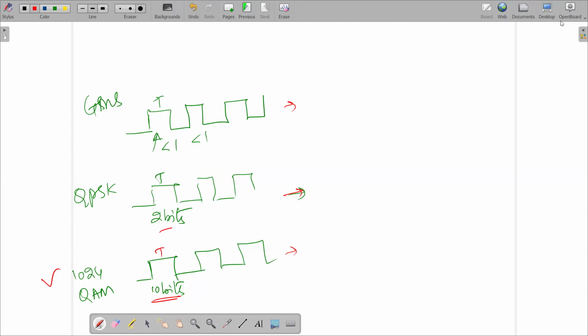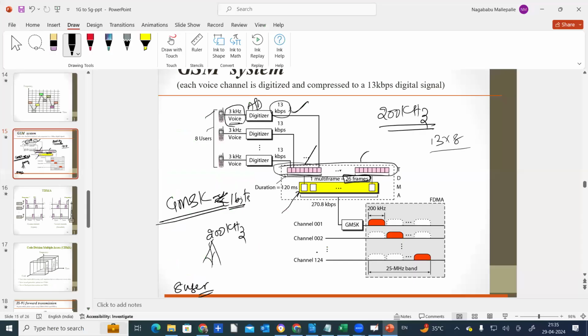Okay, right? So you can see again this will be converted. After multiplying this 26 multiframes, this comes out to be 270.8 kilobits per second. Then modulation GMSK will be applied.